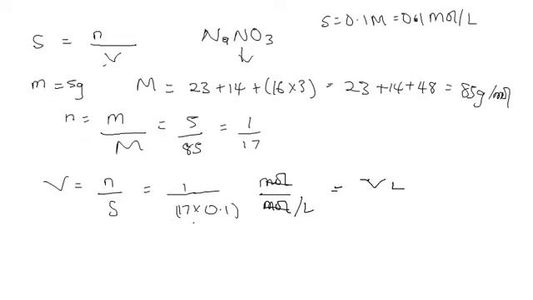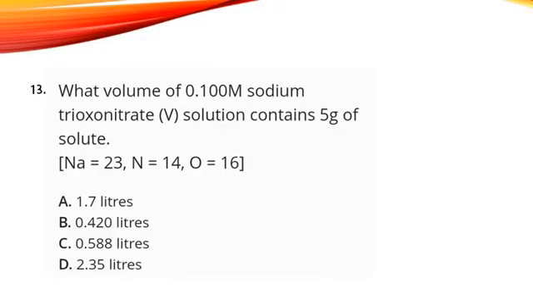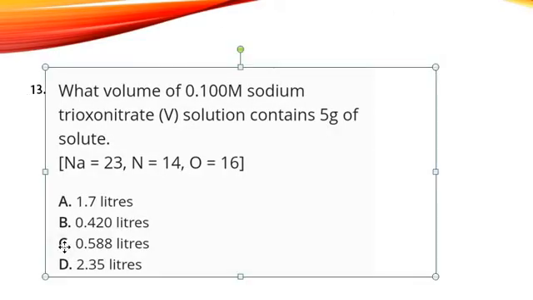So here when you divide this, it is going to be 1 divided by 1.7, which will give you 0.588 liters. So you go back to your options and you see that C is the one that gives you your answer as 0.588 liters. Therefore, C is your answer.